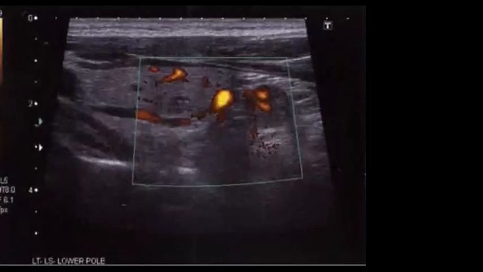Yeah, there is a suspicious nodule in the thyroid.